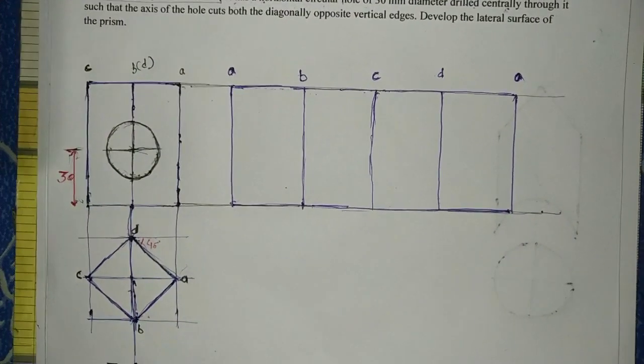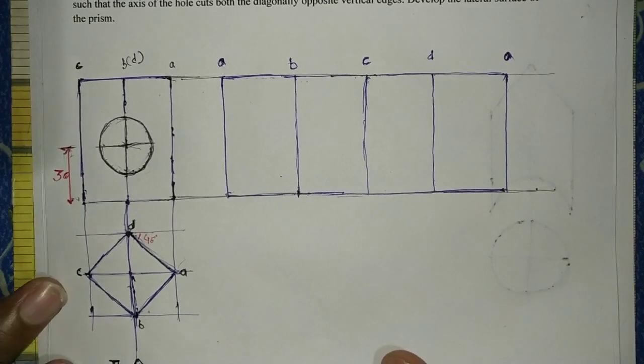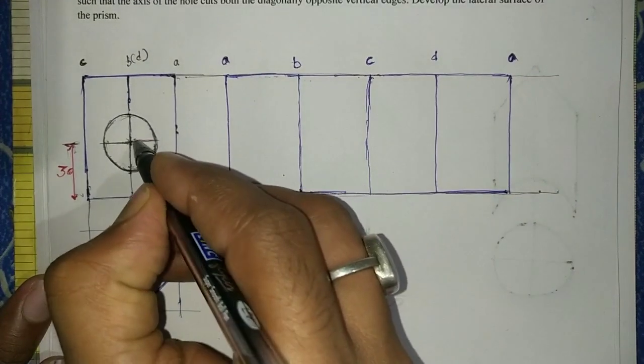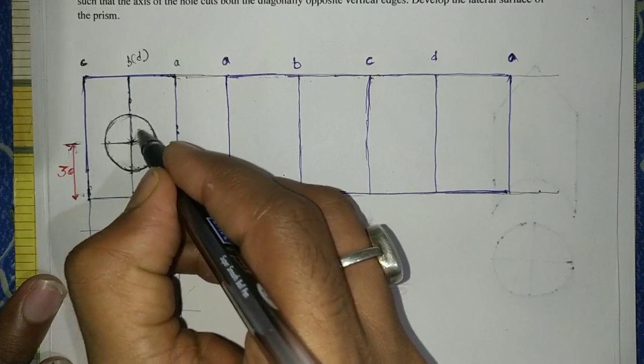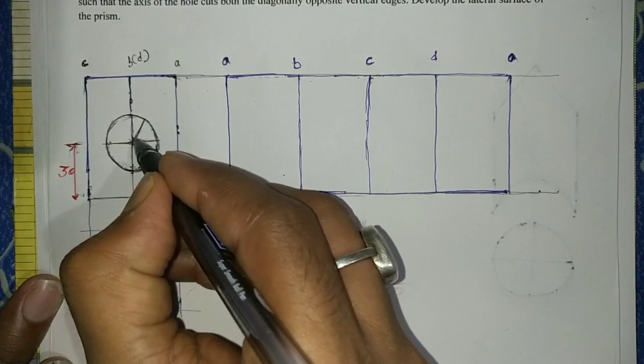So for developing the drilled hole, what we'll do, we will divide this circle into a number of equal parts.